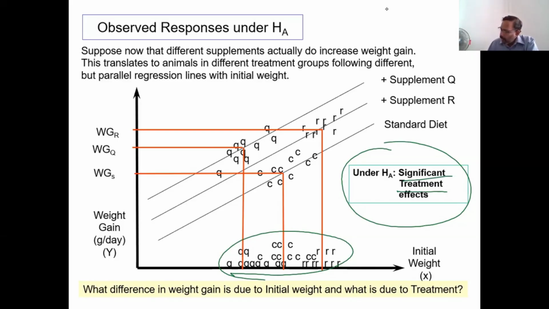So this is the average weight gain by the Q, average gain by the standard diet, average weight gain by the supplement R. So now all three are in different levels, but still we could say there's a treatment effect.